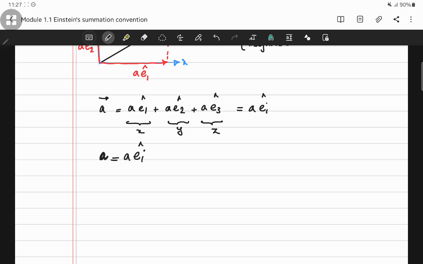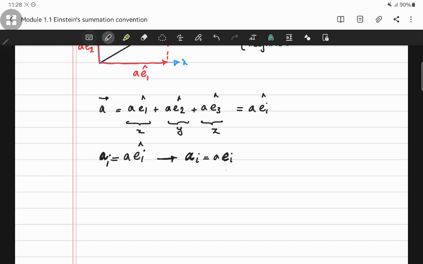You know that this is the magnitude, so it doesn't carry any subscript, but this is a subscript here, and it is repeated once, so it has to be repeated on the other side. So I write this as i again here. In the next level, let's say this is bold a_i equal to a, which is not bold, times e_i. We also drop this hat here, and this e is also bold.